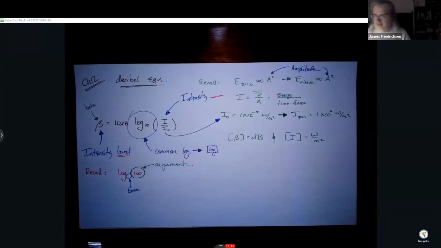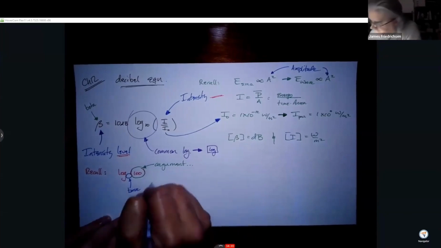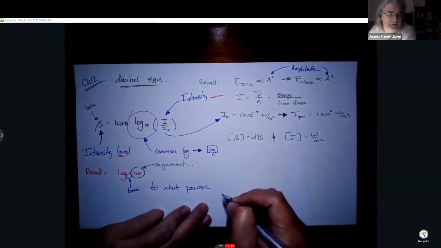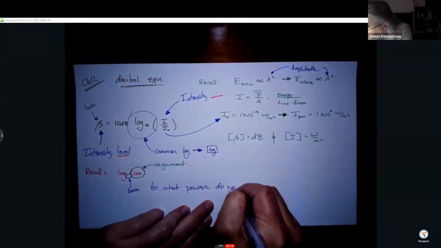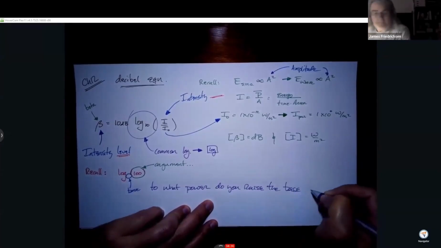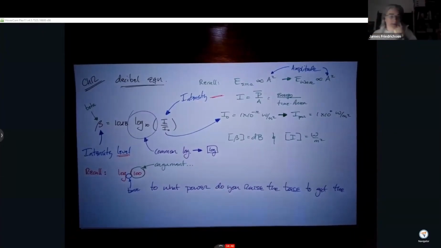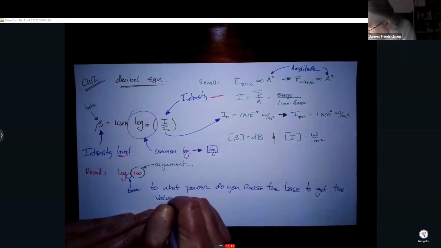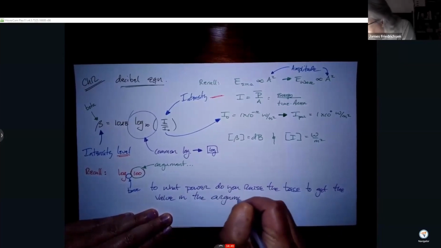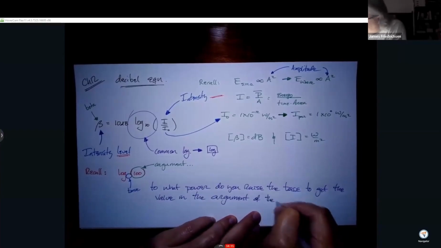When we do these logarithms, what we're asking is to what power do you raise the base to get the value that you put into the argument of the logarithmic function.